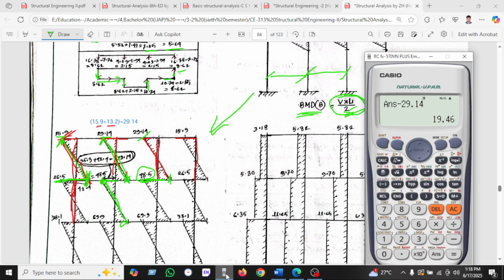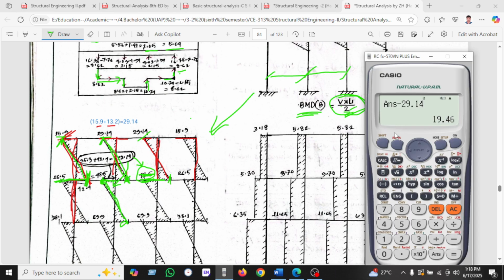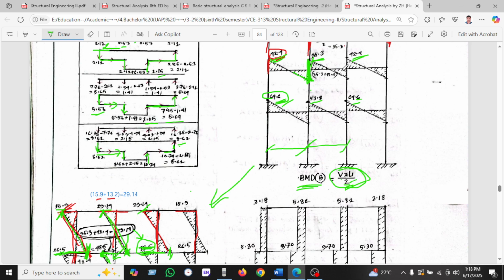It will be 19.46. So it will be mistaken even here. So this value is here and this value also here. Okay, so let's see. We already have 29.4 here, but how much do we have in total?